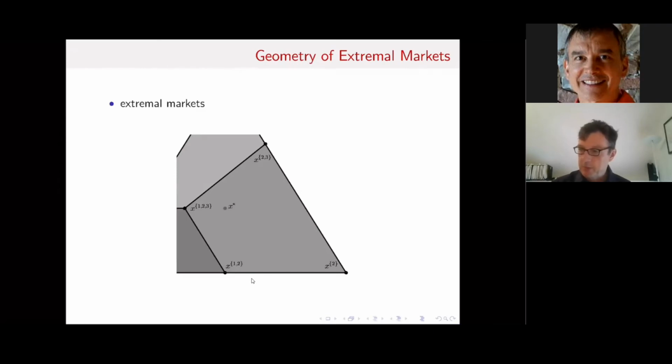So here you have the geometry of extremal markets as the vertices that form the convex hull of all the market segments in which 2 is an optimal price. So all of the points in the interior.